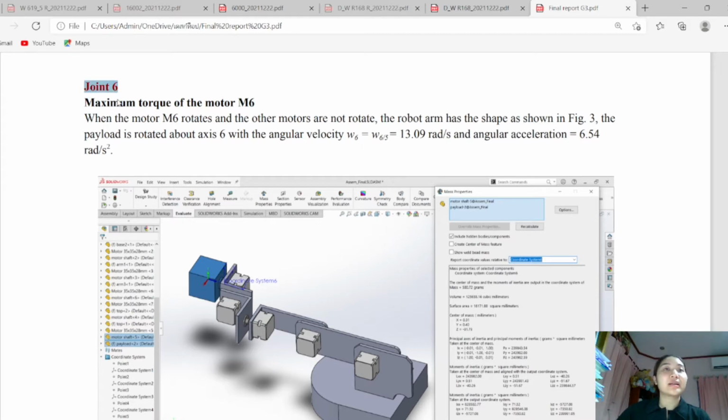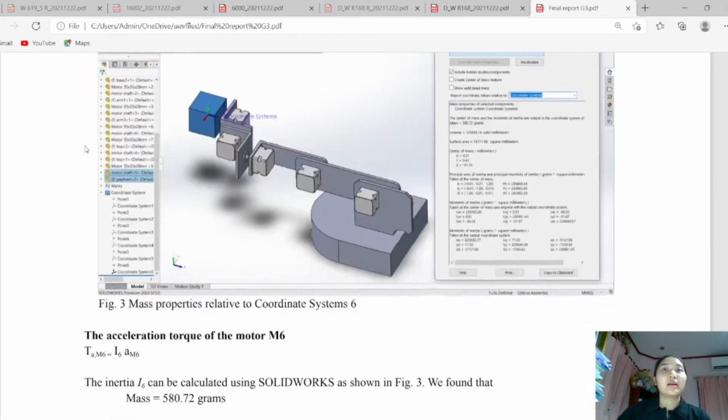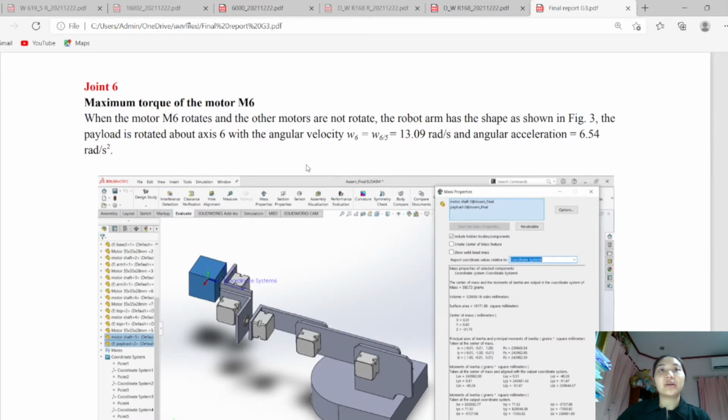For joint 6, we use angular velocity as 13.09 radians per second, and angular acceleration is 6.54 radians per second squared.